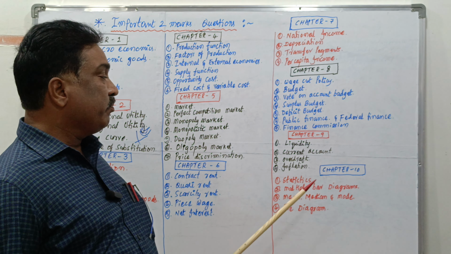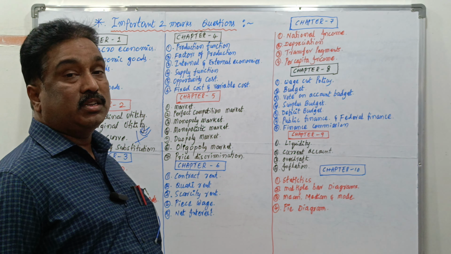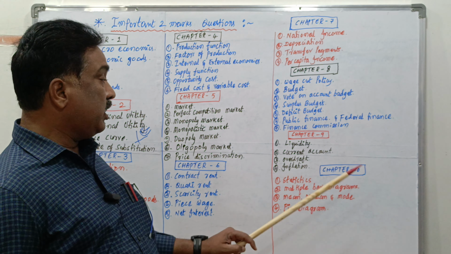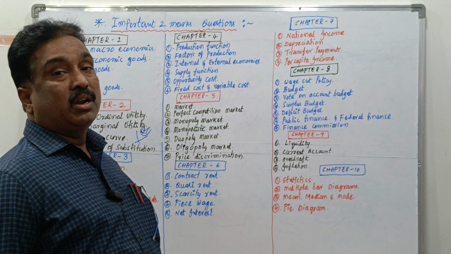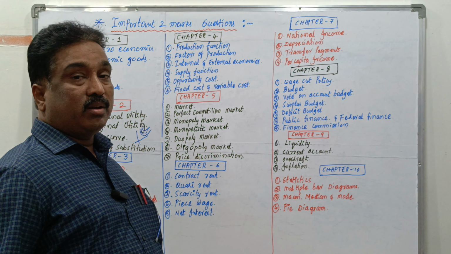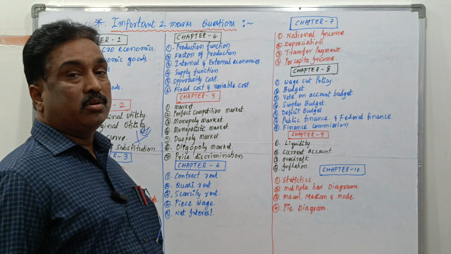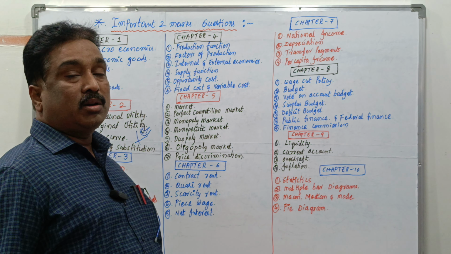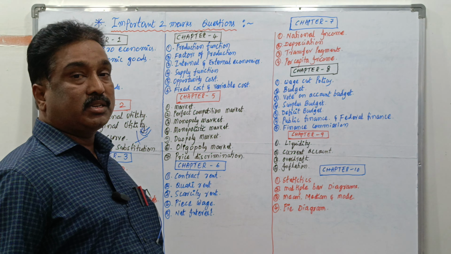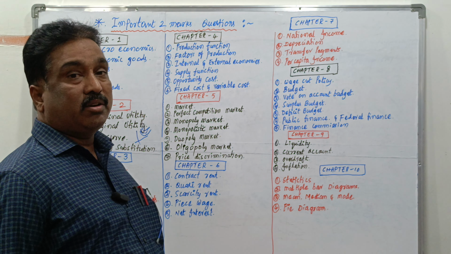Next, chapter 9. I chose four important 2 marks questions. Like, what is liquidity? Liquidity is nothing but the power of assets to be exchanged, assets like property, buildings, shares, equities, debentures, that can be converted into money.